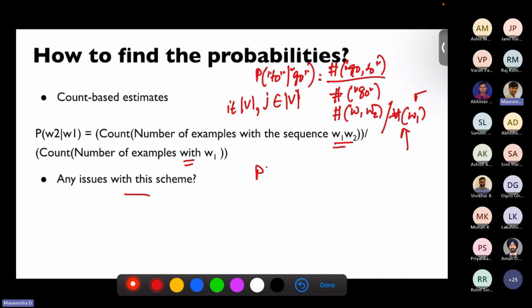So that way, also, we'll have a lot of issues with the final probability score. Typically, in any document collection that we have, there are some words which are very prominent and some words which are very rare, and the rare words start occurring quite soon. So that is one more problem.